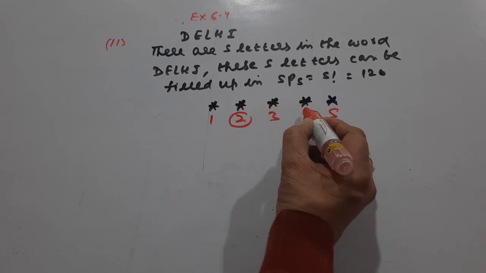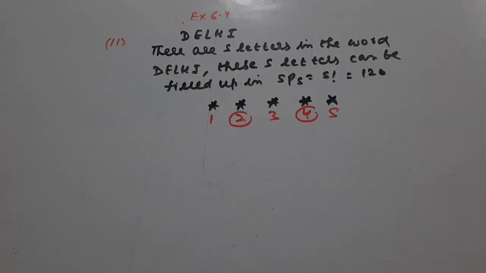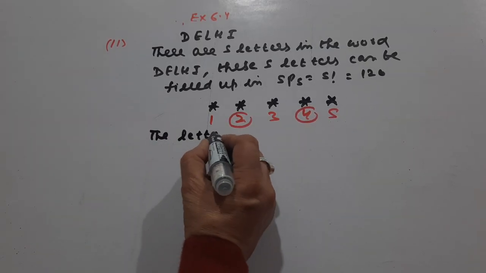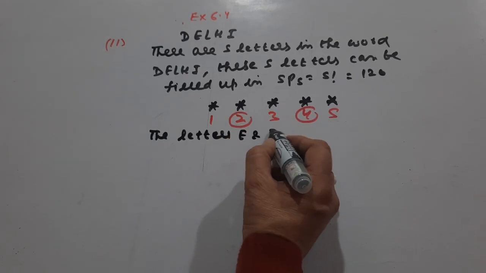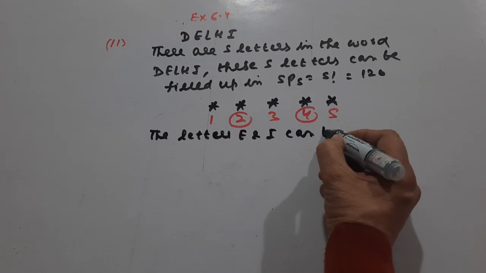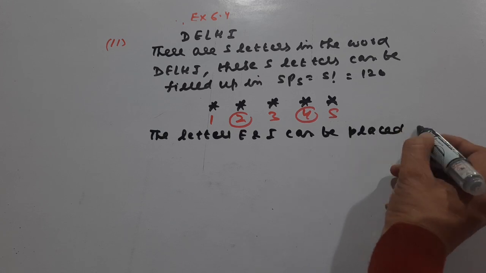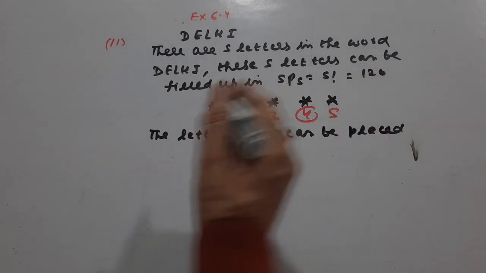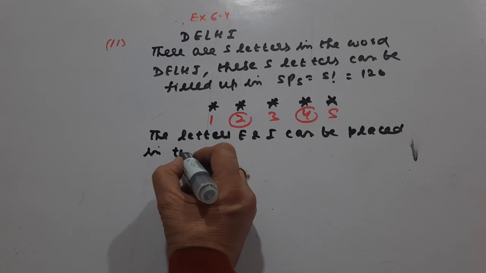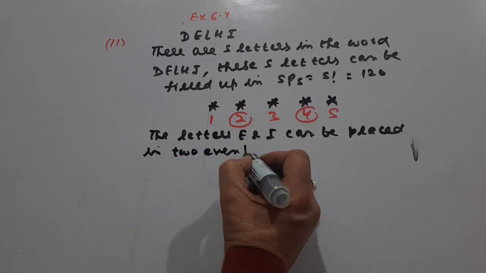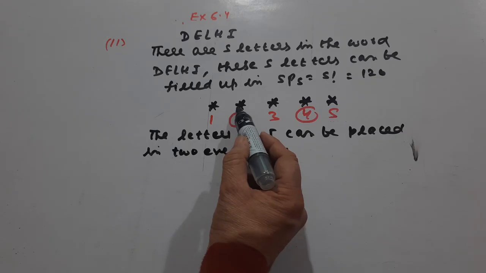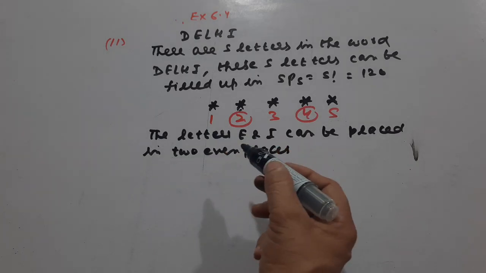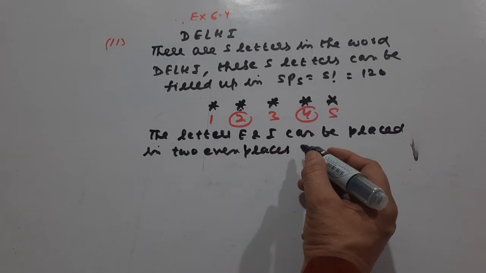और इसमें से जो इवन प्लेसेस हैं वो हमारे दो हैं. So now the letters E and I, according to the question, can be placed in two even places. अब देखो हमारे पास दो इवन प्लेसेस हैं, 2 and 4, right. और हमारे पास दो ही लेटर्स हैं, E and I. So letters E and I can be placed in two even places.